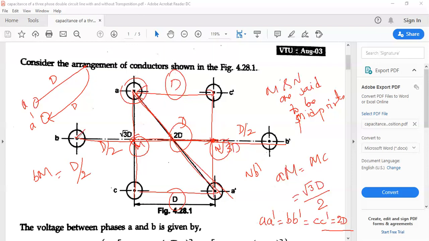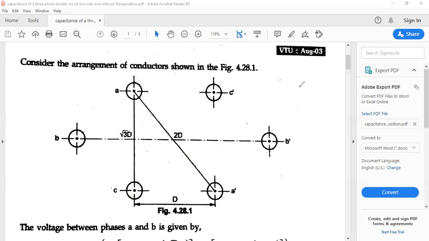Now I have B to A as the hypotenuse of a right angled triangle. So for a right angled triangle, I have two sides given, D by 2 and root 3 D by 2.